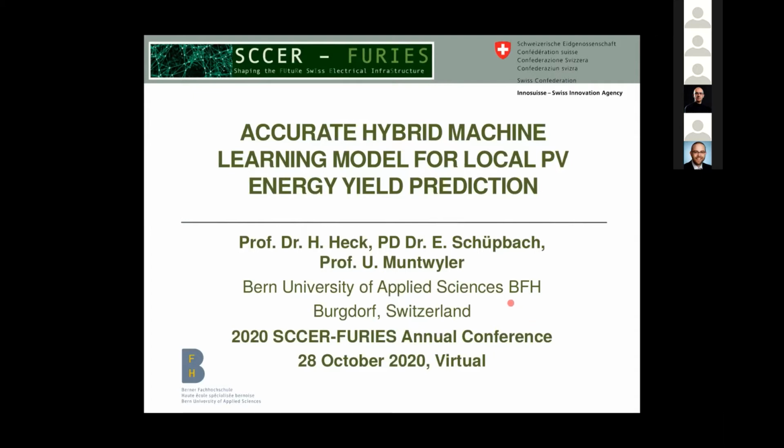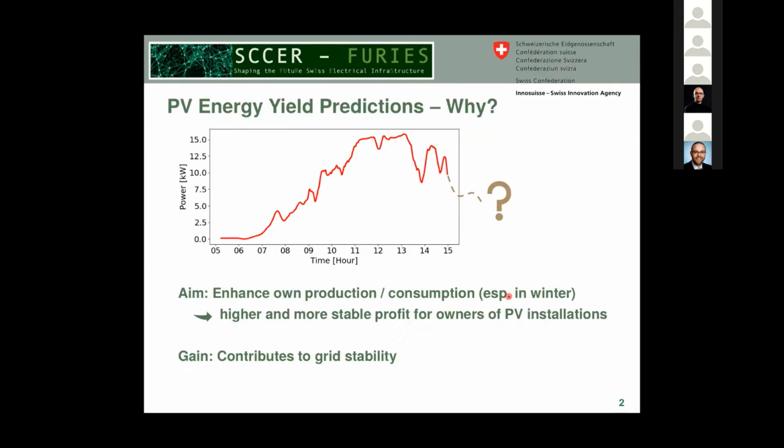The main goal of PV energy yield prediction is to optimize the own consumption of owners of PV installations, which means getting higher and more stable profit, as well as contributing to the reduction of non-renewable energy, so increasing the percentage of PV consumption.